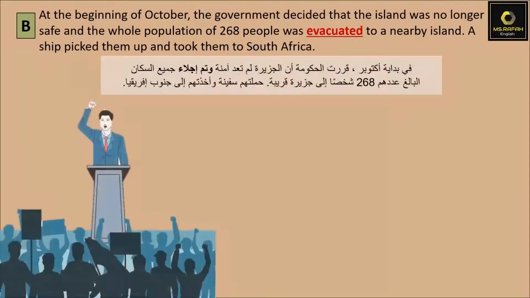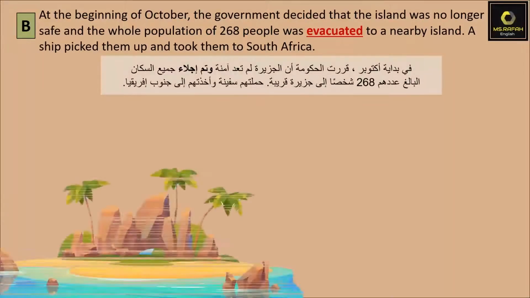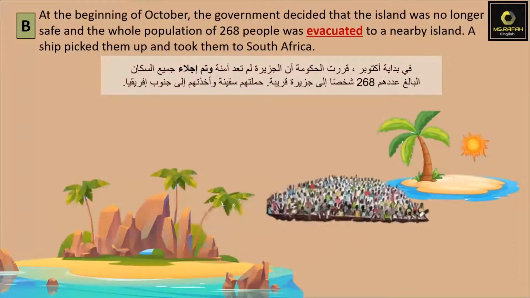At the beginning of October, the government decided that the island was no longer safe, and the whole population of 268 people was evacuated to a nearby island.